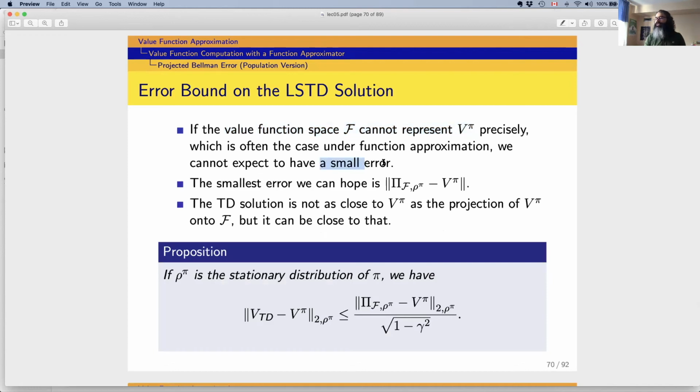Depending on how far V pi is from this space of value functions, the error can be small or large.